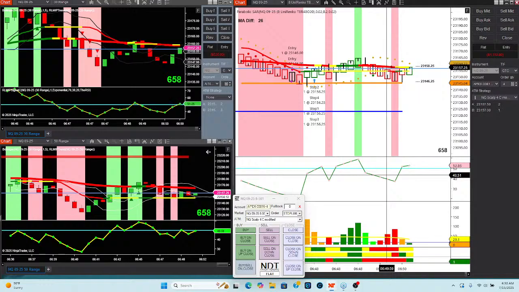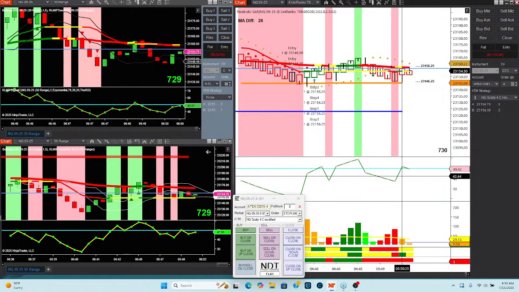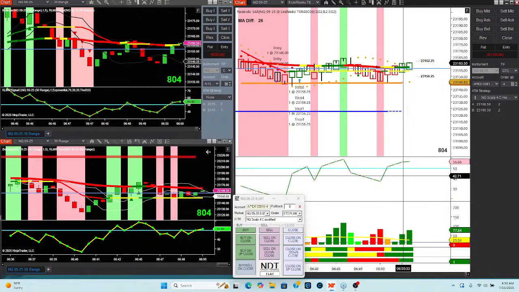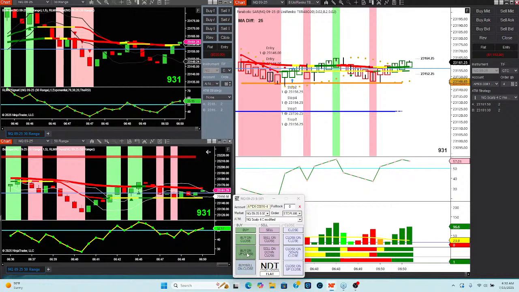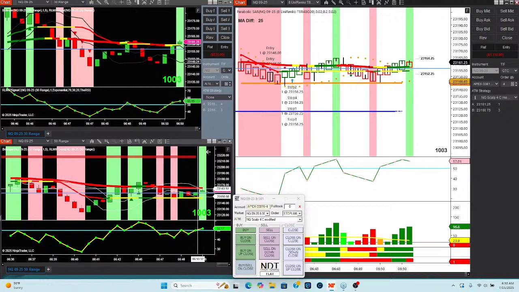C signal break, no trade. C signal break, below. I've got this to deal with.